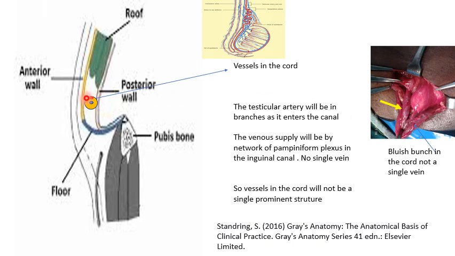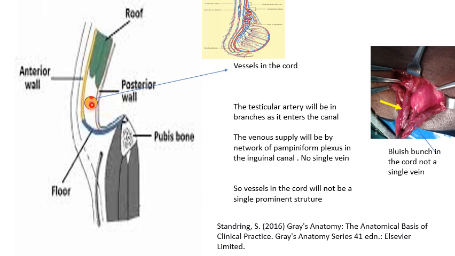What about the arterial supply? The arterial supply also is usually in small branches splaying over the cord structures. You might not find an exact pulsating testicular artery. It will not be a single branch. It would have branched off into very, very small branches.